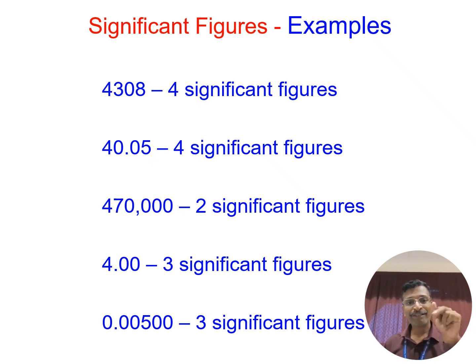Whereas 4.00, decimal is there, so the trailing zeros will be considered as significant figures. So 3 significant figures. This one is the best example to understand all those things. 0.00500, decimal is there, so the trailing zeros will be considered. Leading zeros will not be considered, so only 500 will be considered for significant figures. So the answer is 3.